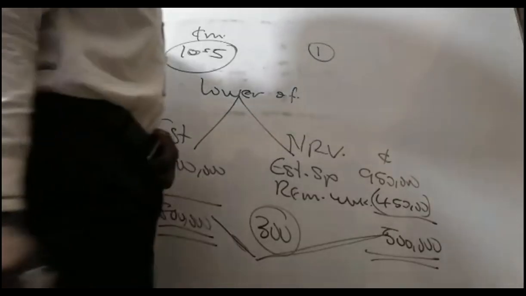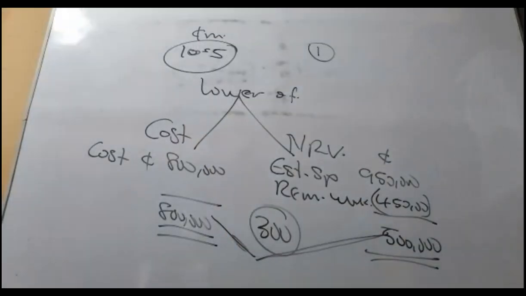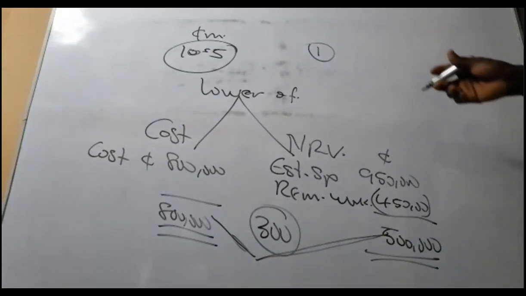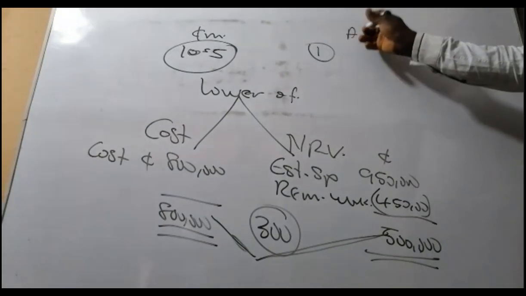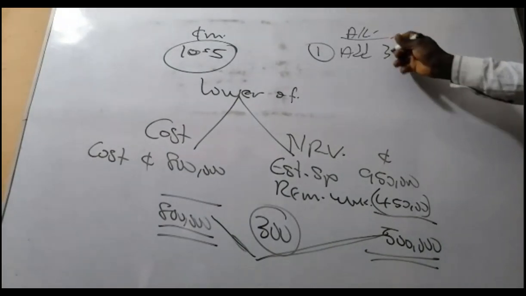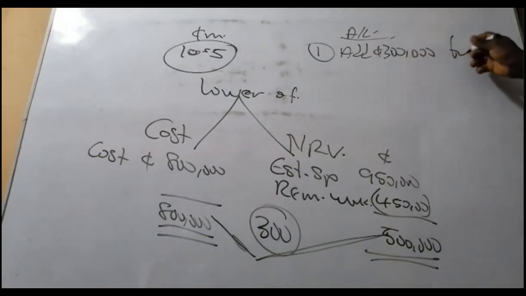So the treatment will be one. So accounting treatment. Add 300,000 to what? Cost of sales. Add to cost of sales.